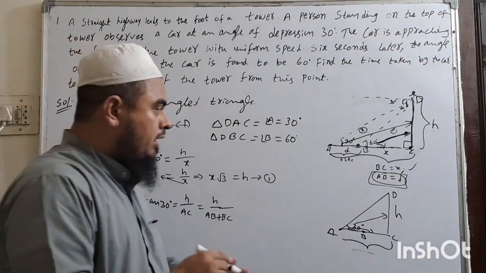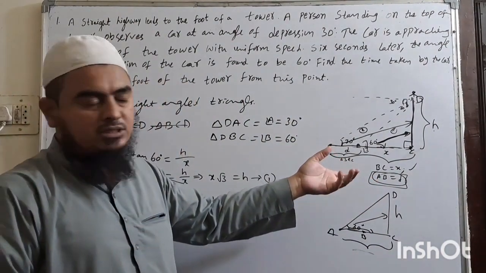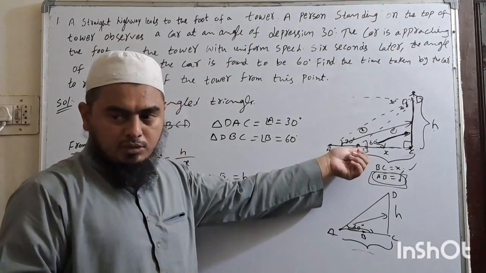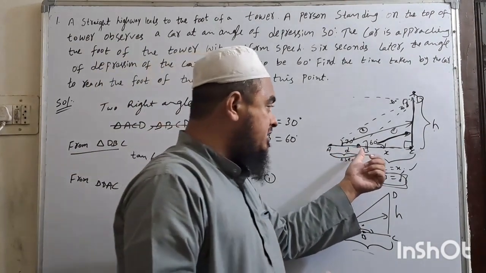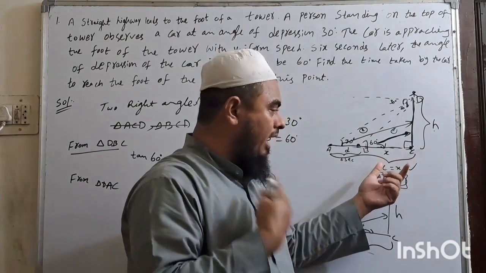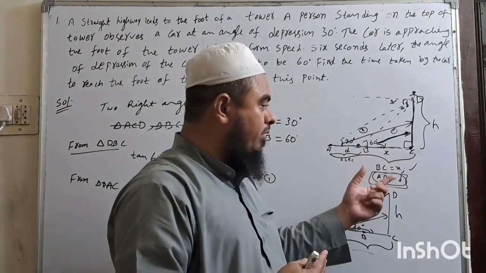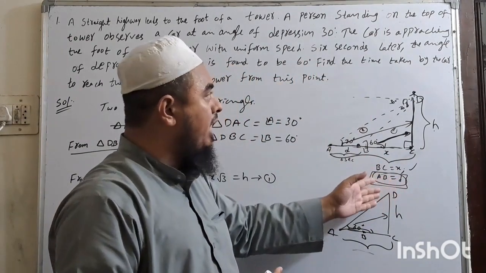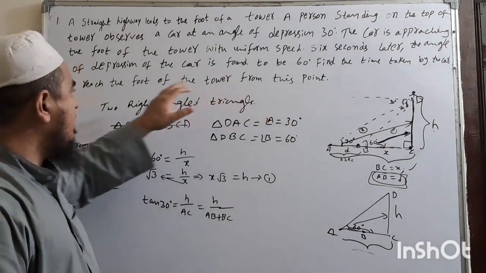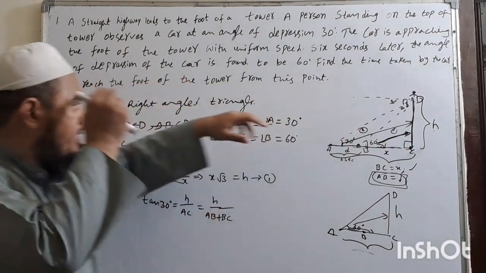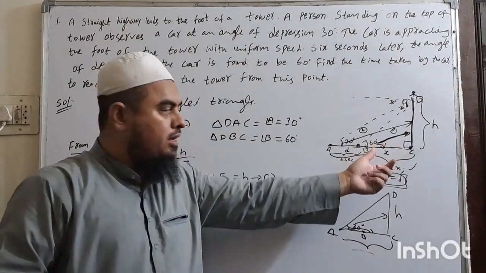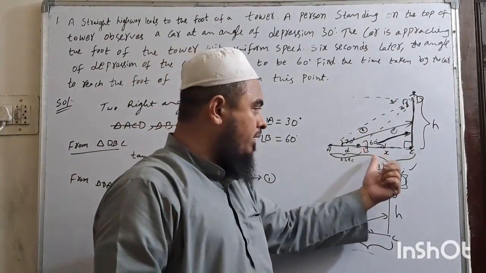We assumed that the distance between the first position of the car and the second position of the car is D, and the distance between the second position of the car and the bottom of the tower is X. These two values are not given in the problem, so we have assumed them as X and D. And what they are asking here is to find the time taken by the car to reach the foot of the tower from this point.